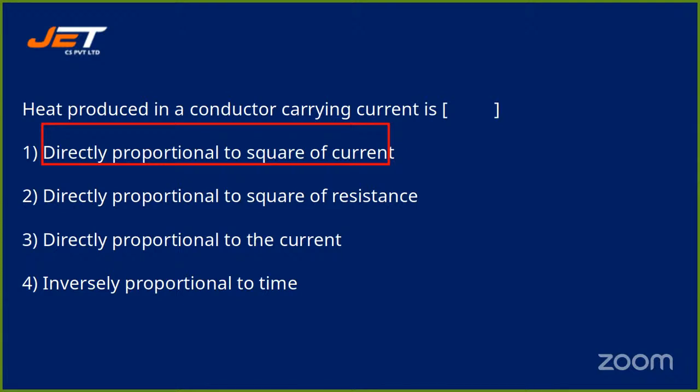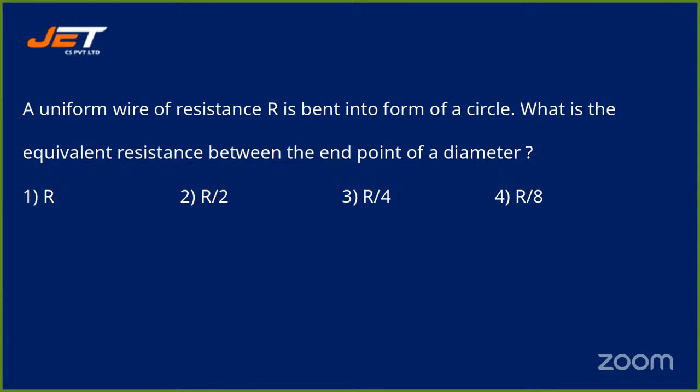First option. Yeah. A uniform wire of resistance R is bent into the form of a circle. What is the equivalent resistance between the end points of the diameter? I'll see how many of you can answer this question.